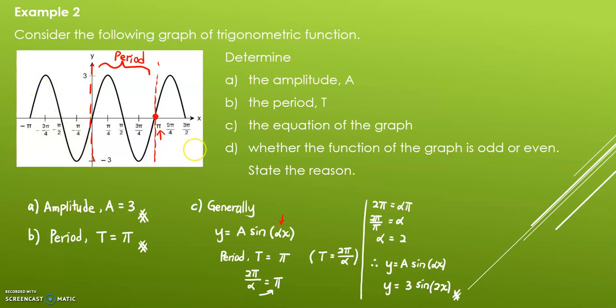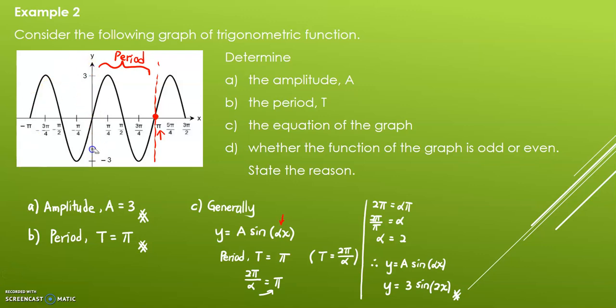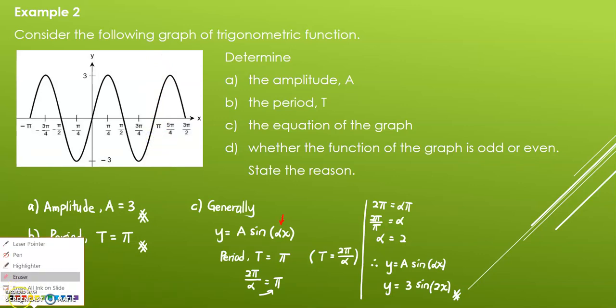Finally, we look at D, where we determine whether the function of the graph is odd or even, and state the reason. If you look at this graph, the graph is symmetry about the origin. You can see the graph is symmetry about the origin.